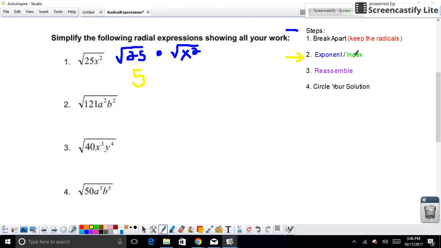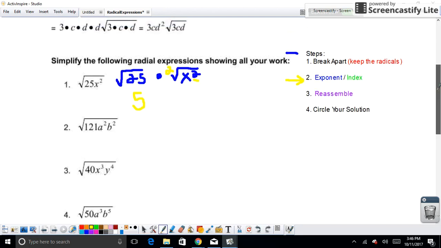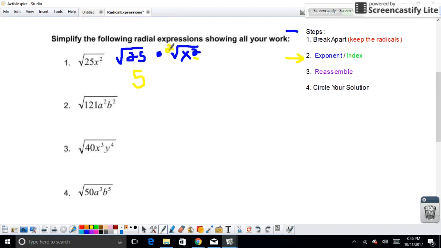Step 2 is to divide the exponent by the index. So 2 is your exponent because it's x squared. Here, your index is going to be 2. Your index is always that small number outside of the radical. It could be a 3, a 4, a 5, or anything. But if you don't see a number, then you have to assume that it's 2.